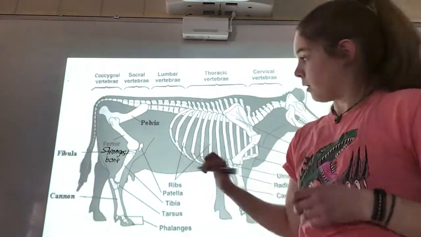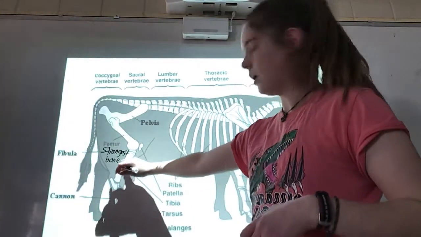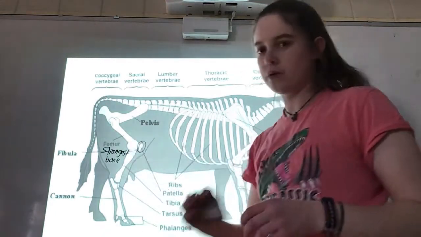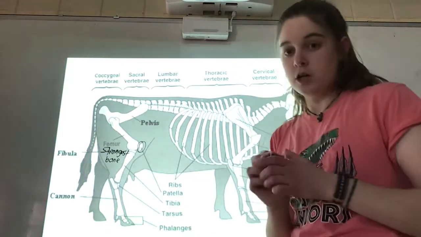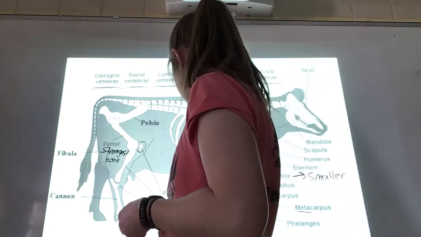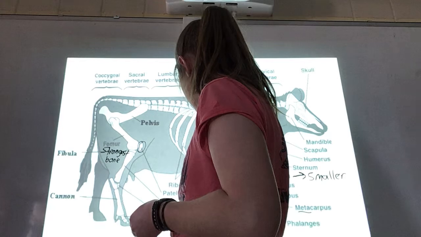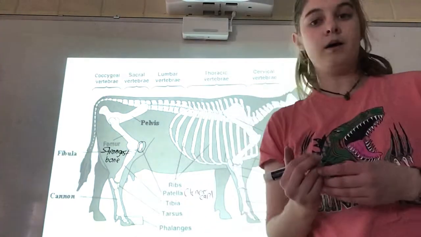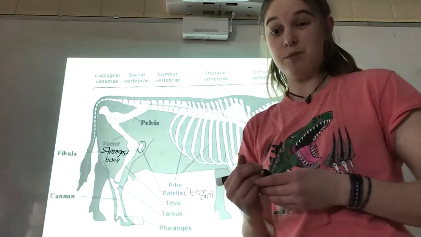And between your femur and your second half of leg bones is a little bone called your patella. Your patella is your kneecap. Patella is kneecap. I've seen someone dislocate their kneecap before.